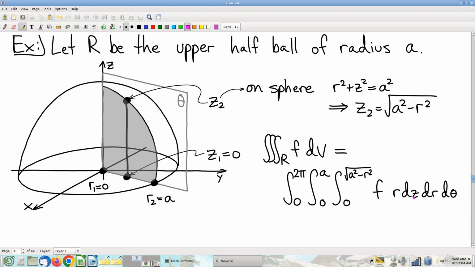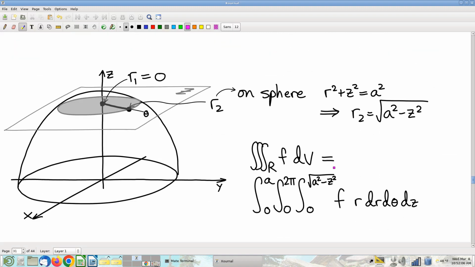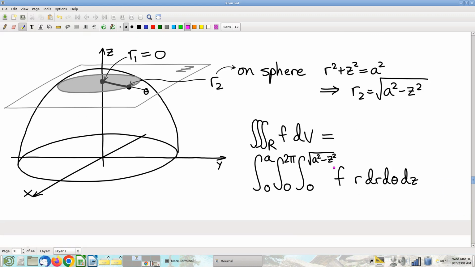Okay, so now let's do it the other order. Same exact domain, just doing it the other way around. So specifically then with dr d theta on the inside and dz on the outside. So that's going to change the whole slicing process. Got to redo the whole thing. Starting with z, what's the range of values of z?